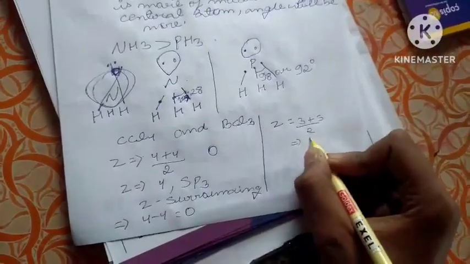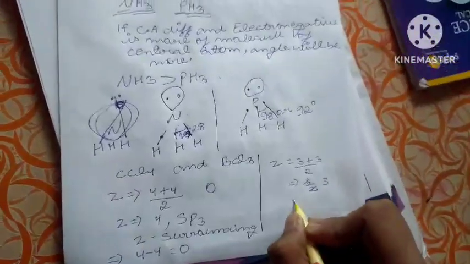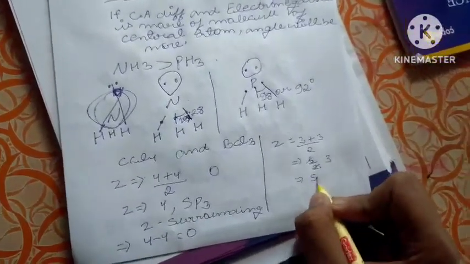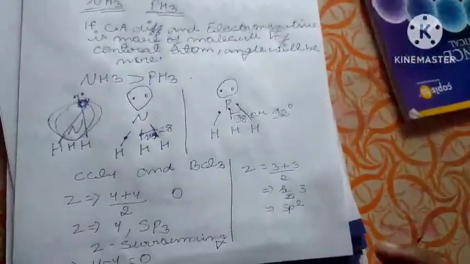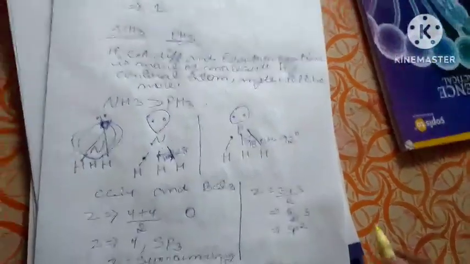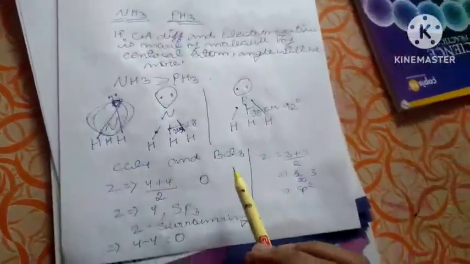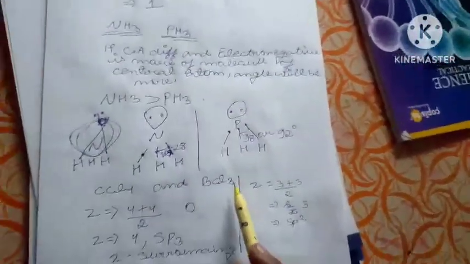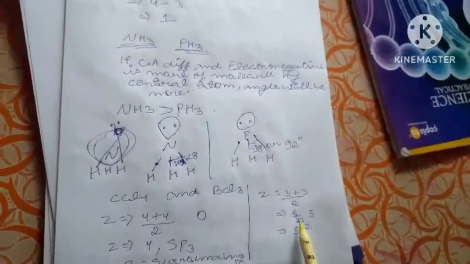So 6 by 2, 3. Here sp2 hybridization is taking place, and lone pair is again 0 because the number of atoms attached to the central atom equals the value of Z.